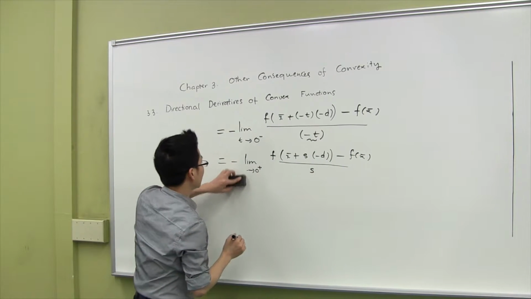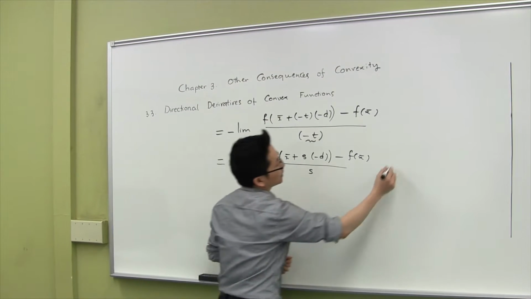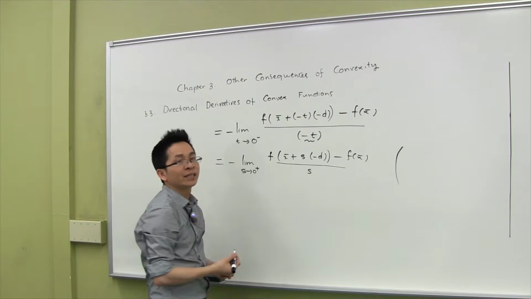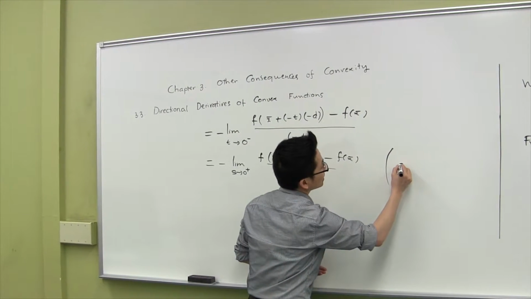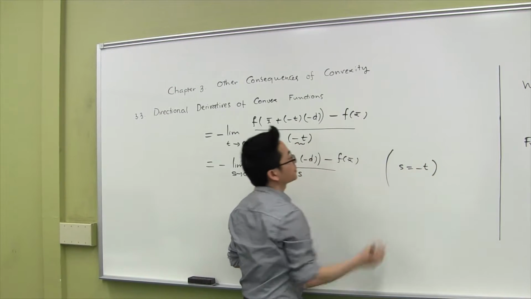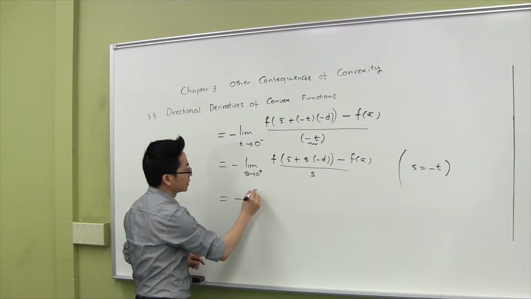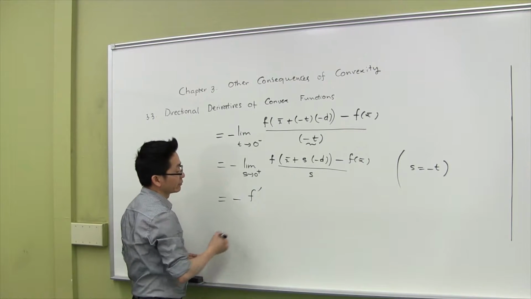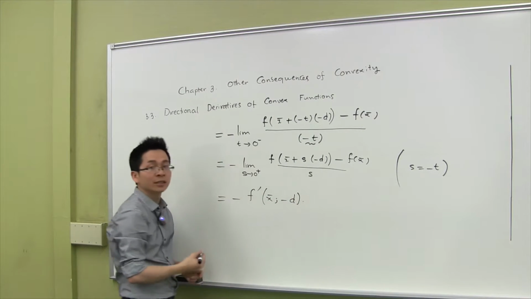Here s approaches 0 from the right. We obtain this by a very simple substitution. We let s be minus t, okay? So this is just minus the directional derivative of f at x bar in the direction minus d by the definition.